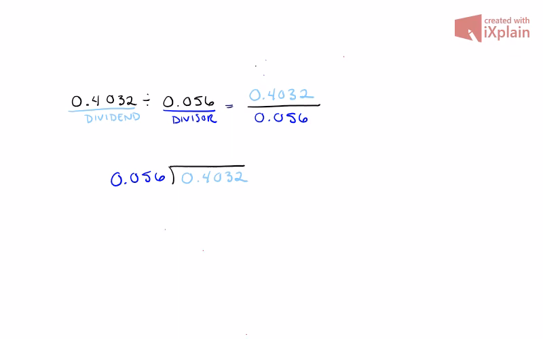So what we want to note here is I want to change my divisor so that it's a whole number. Well, how many times am I going to have to move my decimal to make that happen? 1, 2, 3. I'm going to have to move my decimal 3 times. Well, I have to do the same then. So what I do to my divisor, I have to do to my dividend. Okay?